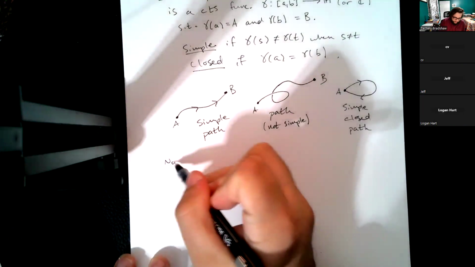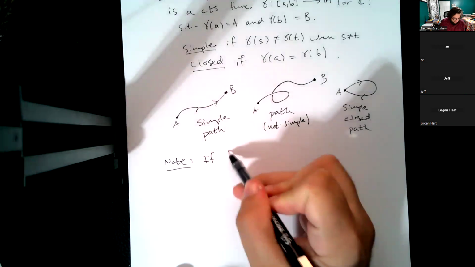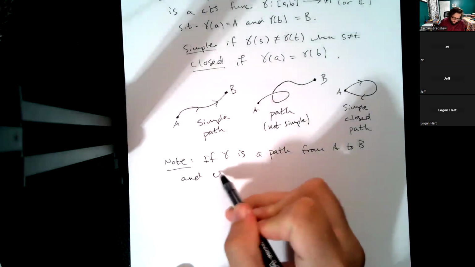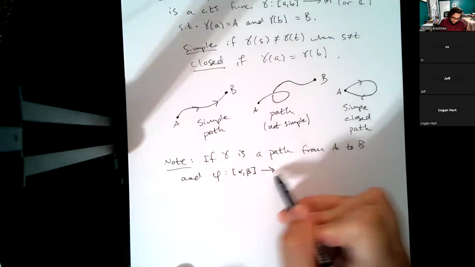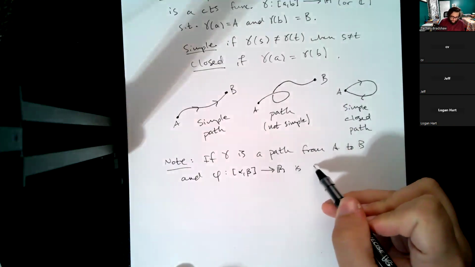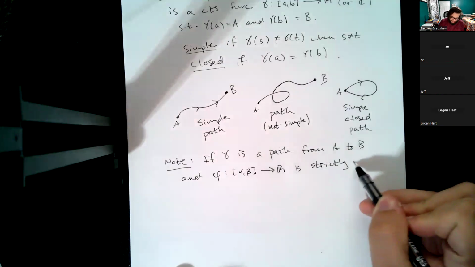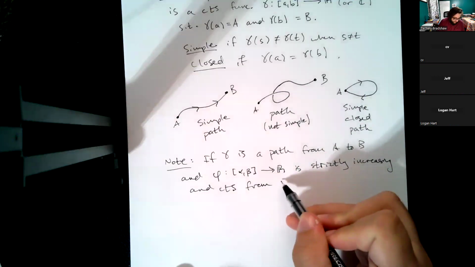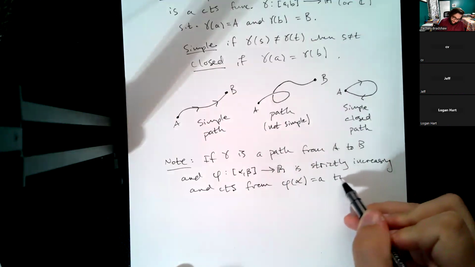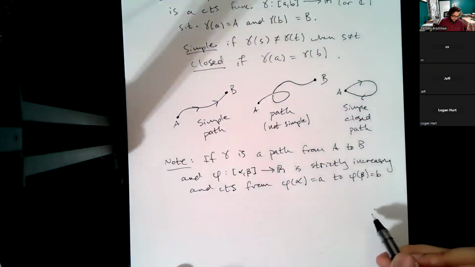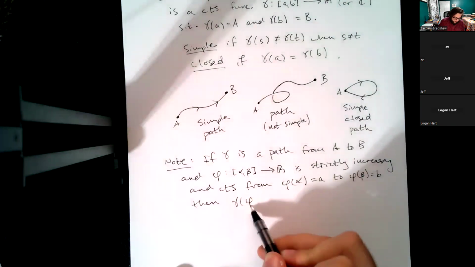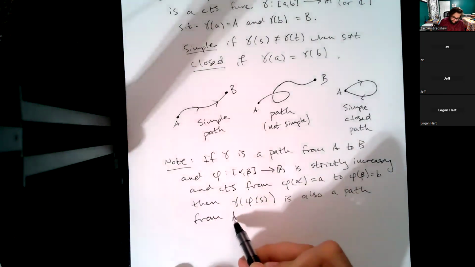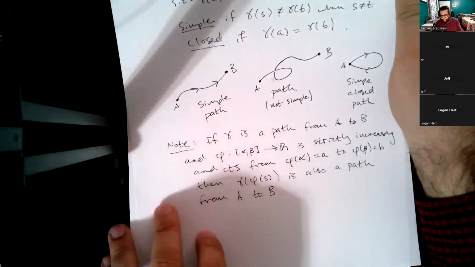All right, so a little note here. If gamma is a path from A to B, and we have another function, phi, from alpha, beta to R, and if this is strictly increasing and continuous from phi of alpha equals A to phi of beta equals B, then gamma of phi of S is also a path from A to B. So this should be clear, right?